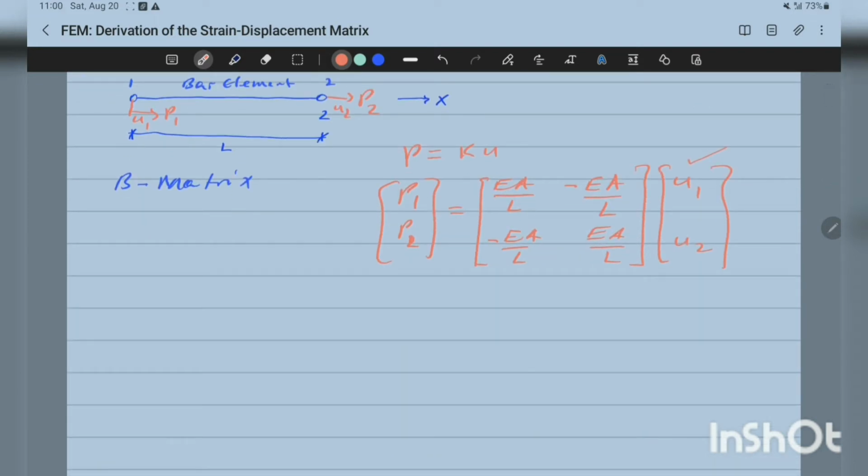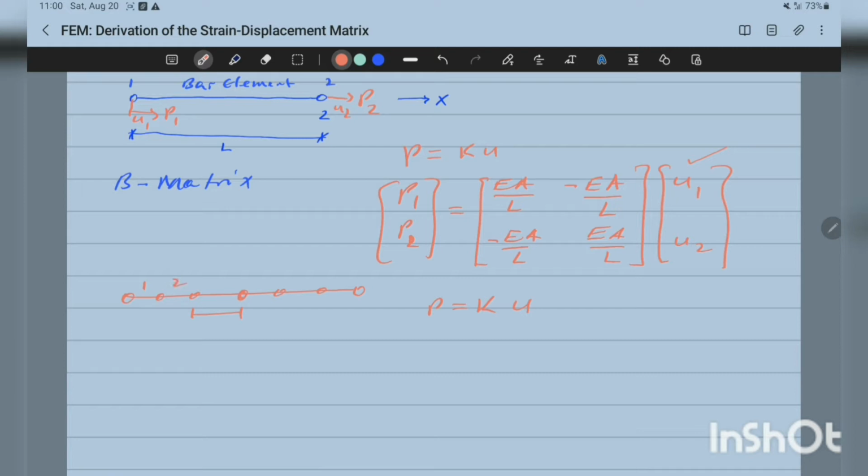But there are two ways we can obtain displacement anywhere along the bar. Say we have node 1 and node 2, and we want to obtain displacement at the middle of this bar. The first approach is we could divide this bar into very many small elements, with the point where we want the displacement being a nodal point of one element.